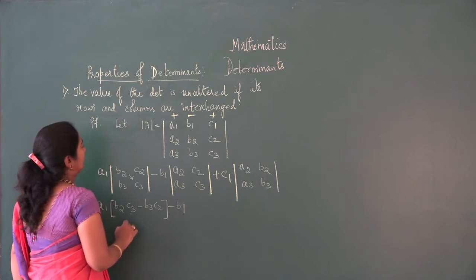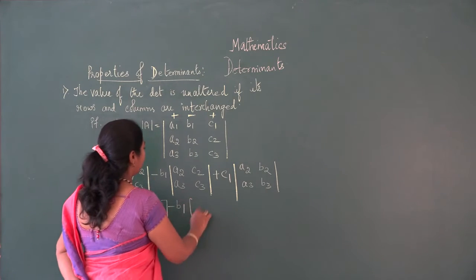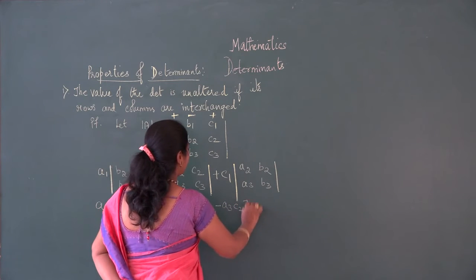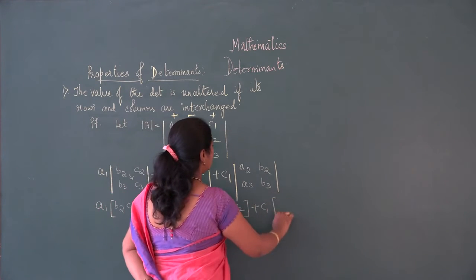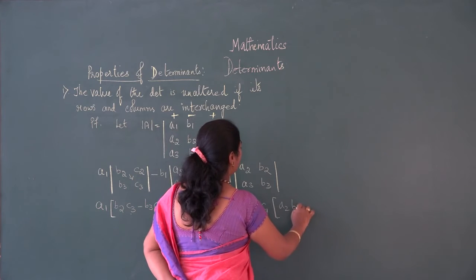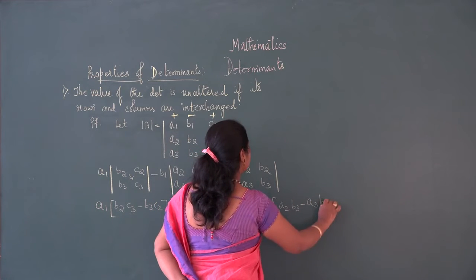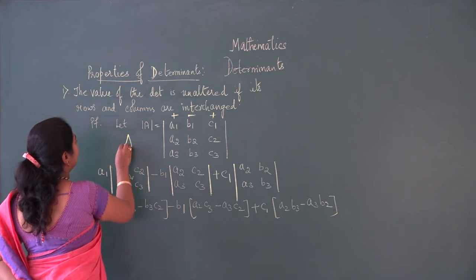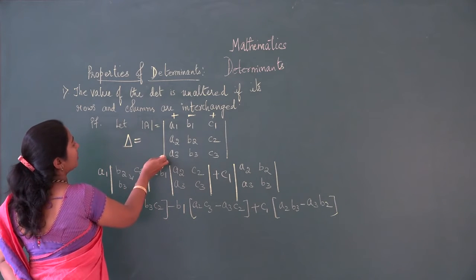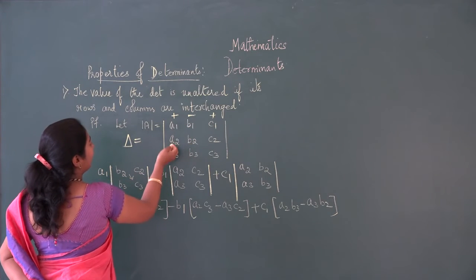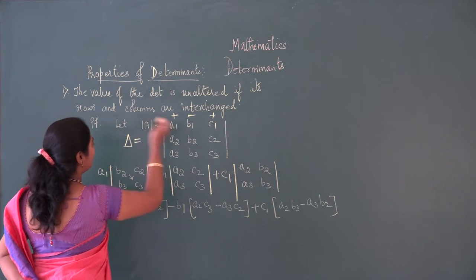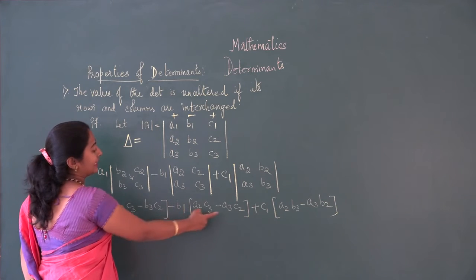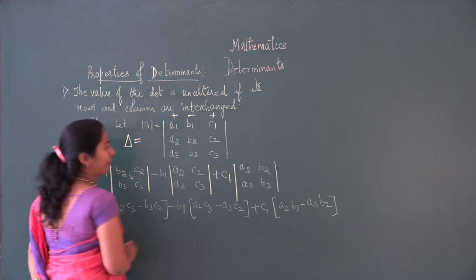Similarly, B1 into A2, C3 minus A3, C2. Similarly, C1 into A2, B3 minus A3, B2. You can call this delta. Let delta equal to the determinant of A1, B1, C1, A2, B2, C2, A3, B3, C3. So multiply the first element by A1, the second element by B1 and the third element by C1.